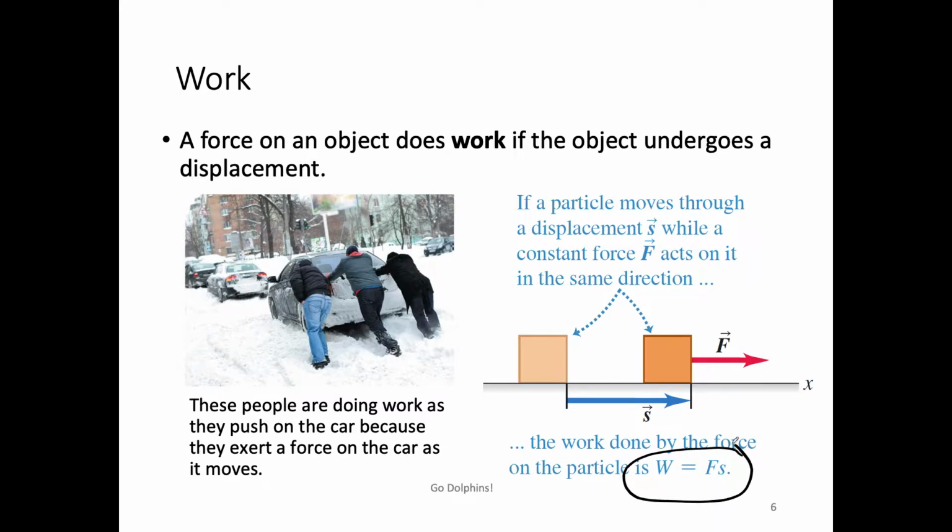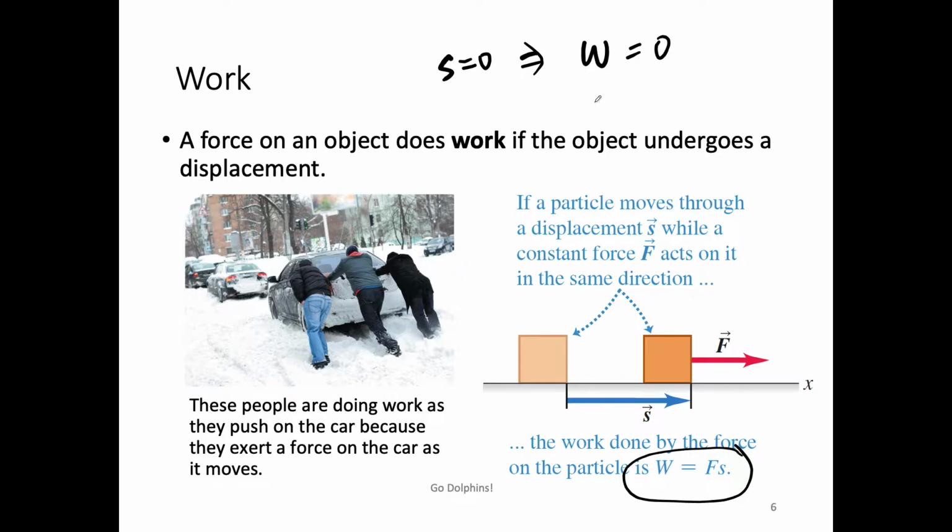We'll come back to the topic where your F is not exactly in the same direction as S. But from here you can see you have an F, and your F does not necessarily always give you work. You can see if your S is 0, you always have 0 work, no matter what F you have.